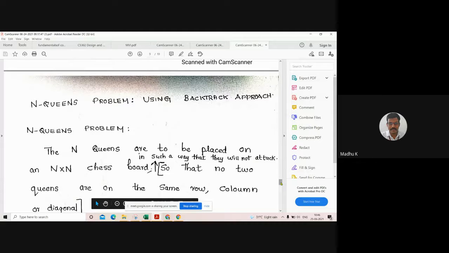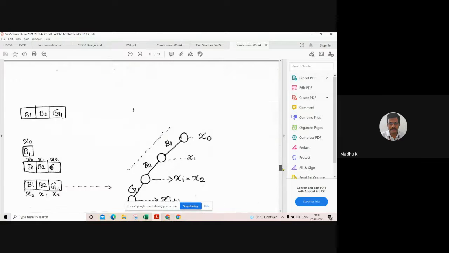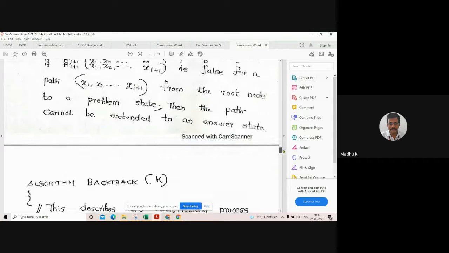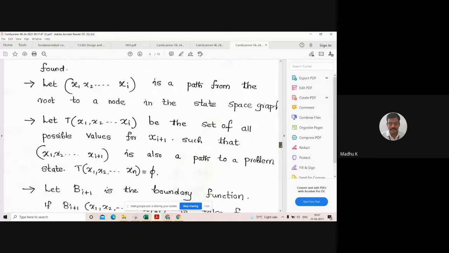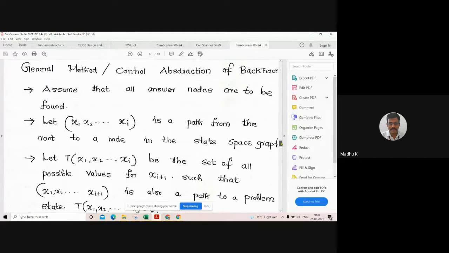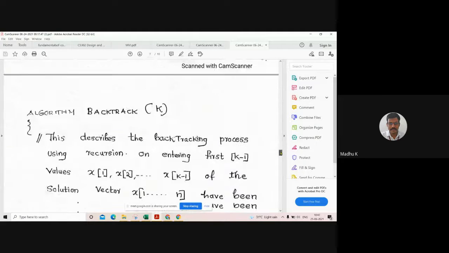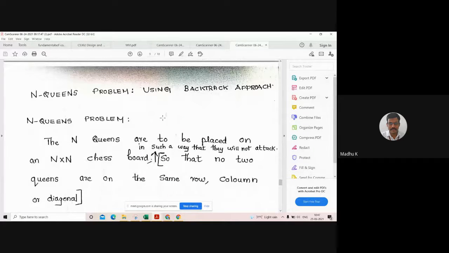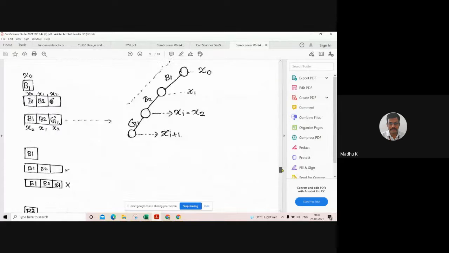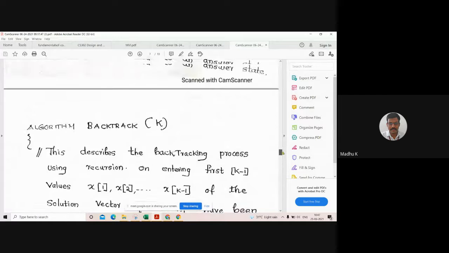After discussing the N-Queens problem, we will come back and discuss the backtrack approach again. Then I think you will get an idea about this algorithm. So next time I will discuss the N-Queens problem and how we can solve it using the backtrack approach. After that, I will come back and discuss this control abstraction.